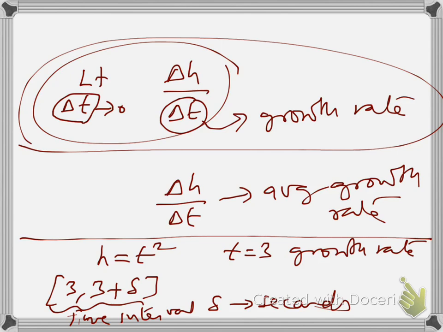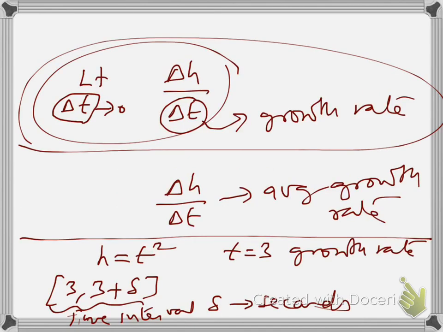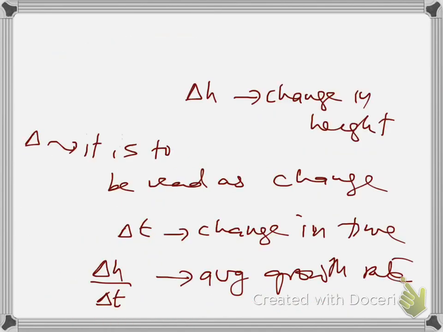So mathematically, what I can write now is this. I hope you understood this. You got the idea of what I am trying to say. When you calculate delta H by delta T, change in height by change in time, this is only average growth rate.